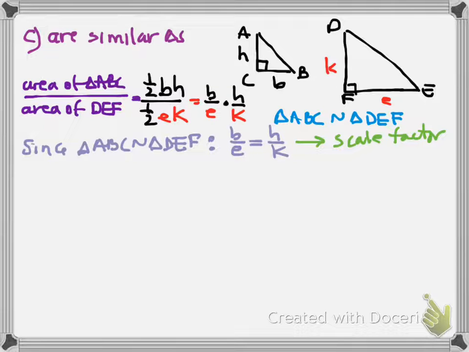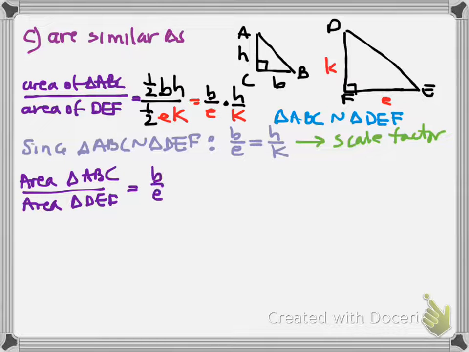So going back to our original problem, the area of triangle ABC over the area of triangle DEF is going to equal, because the halves go away, B over E times H over K, which could be rewritten as B over E times B over E. We could substitute one ratio for the other.